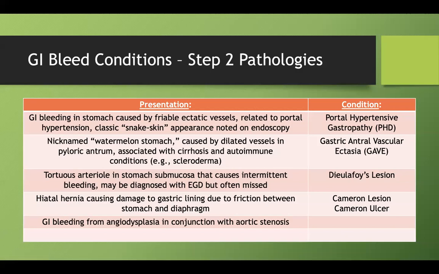And there's a special syndrome typified by GI bleeding from angiodysplasia in conjunction with aortic stenosis. And this is called Heyde syndrome. And they think what happens here is that you have aortic stenosis and it damages von Willebrand factor.